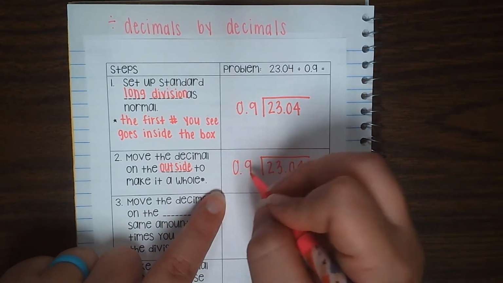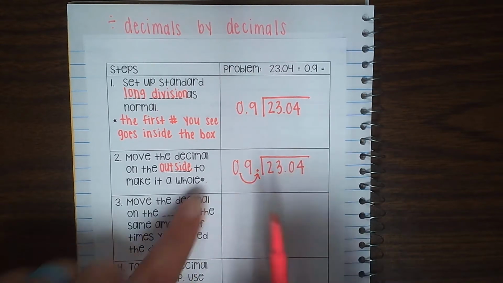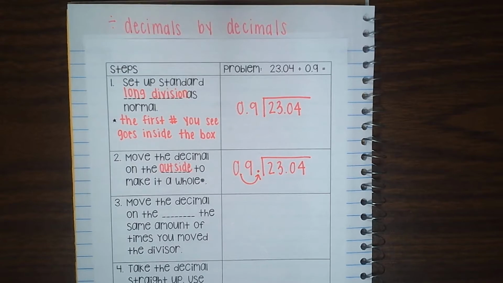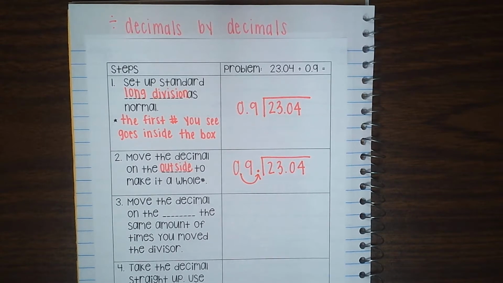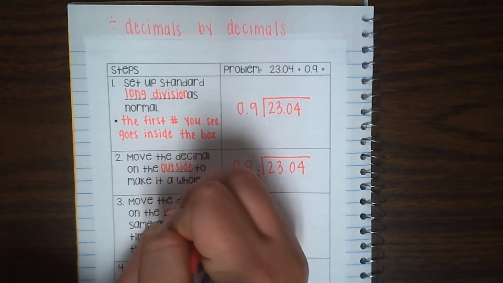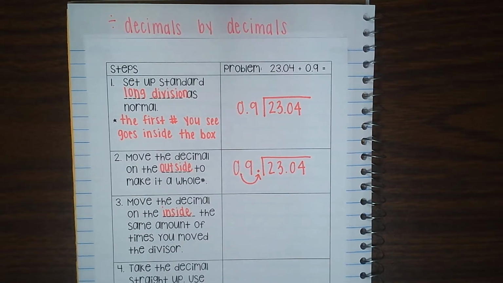And I want to move my decimal to make this number on the outside a whole number. Step 3 is to move the decimal on the inside the same amount of times you moved the divisor.